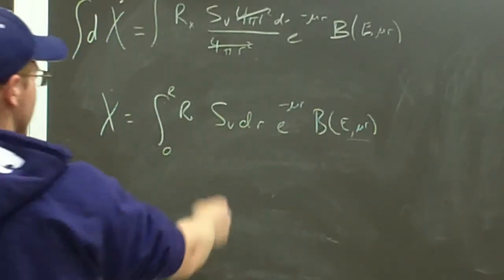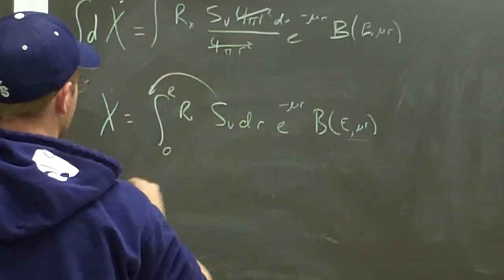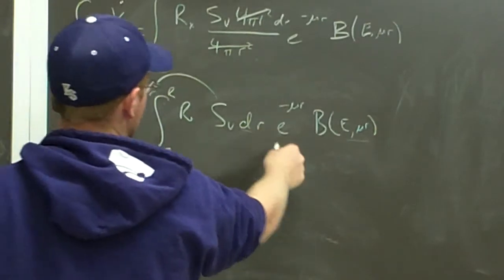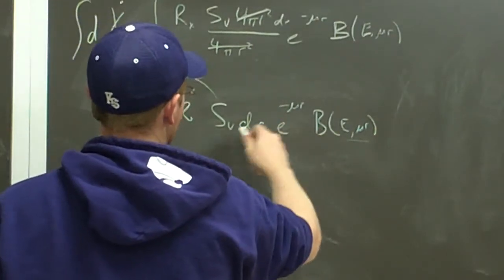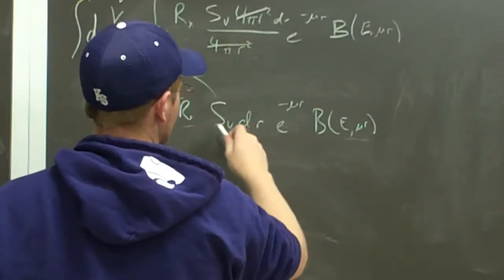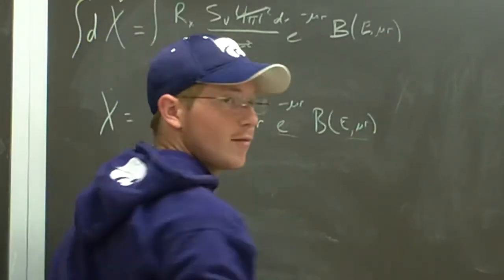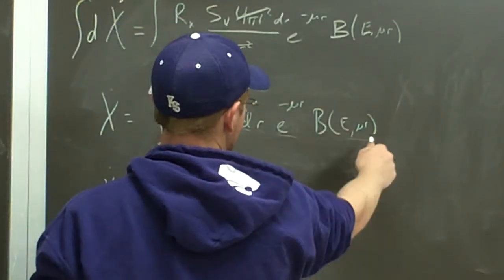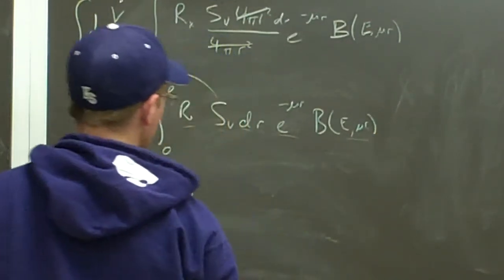So what in here is constant? This can come out. Can anything else come out? dr, that stays in obviously. r sub x, that can come out. e to the negative mu r, that has r in it. You can't pull that out. B, you can't pull B out because B is some function of r.